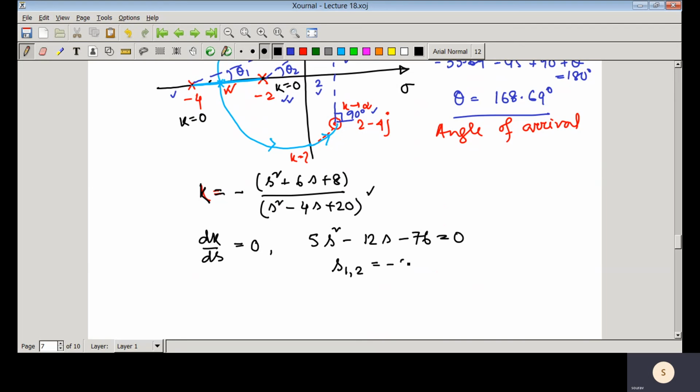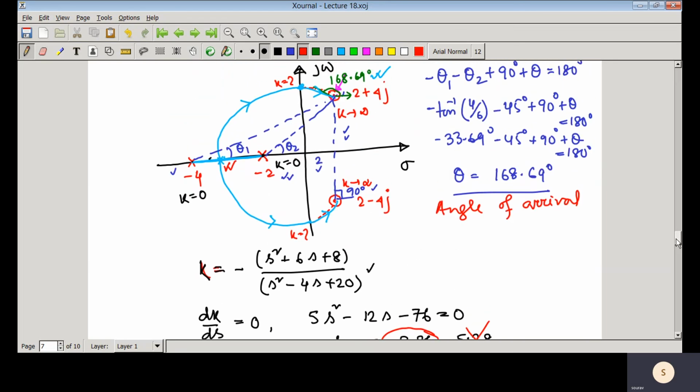So one value is 2.86 and the other value that you will get, say, 5.28. So I would suggest you to calculate on your own, and then you will see that we'll be considering only one value because the other value is not the part of root locus, as you can see.